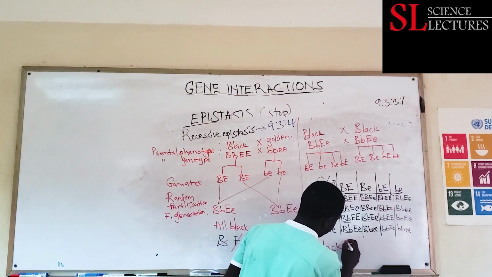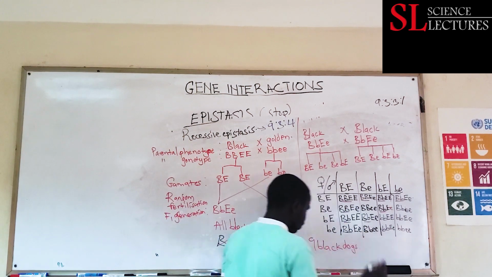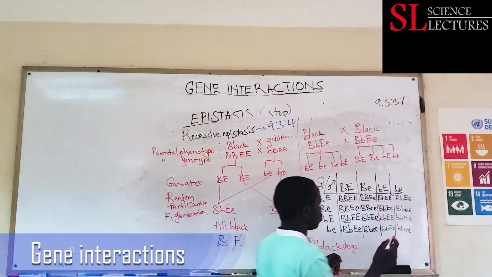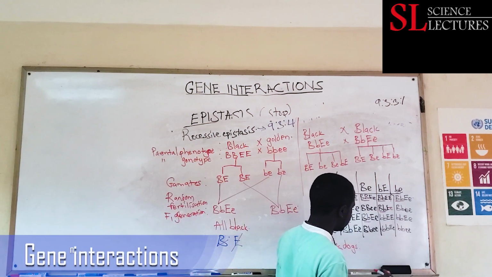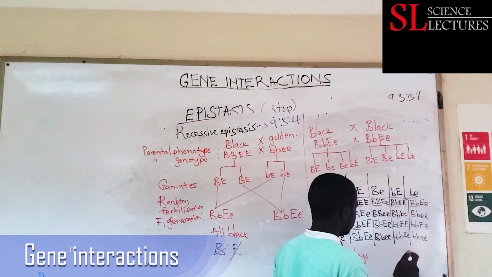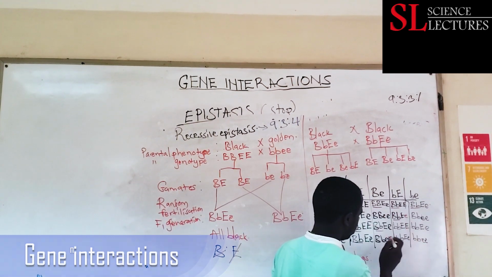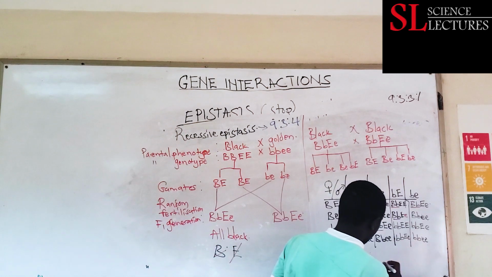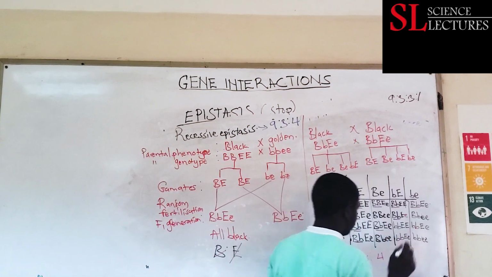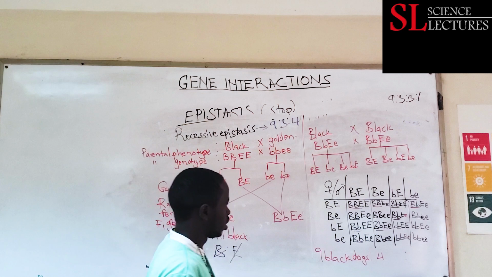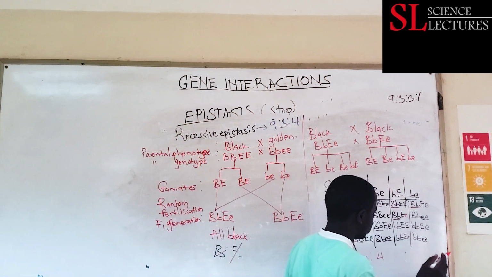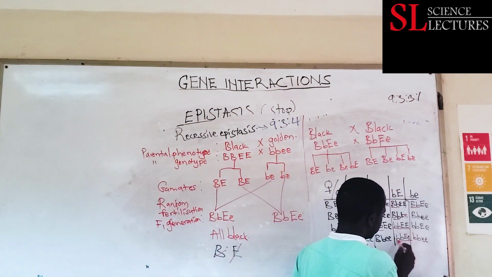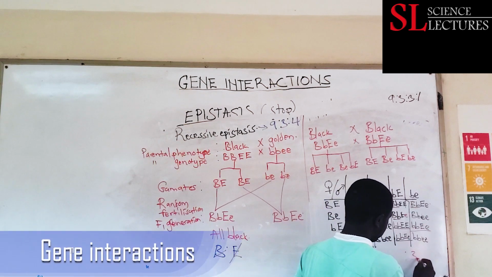Then I have a condition where this E is recessive. 1, 2, 3, and 4 have a genotype. Then I also have a condition where the B is recessive. This is 1, 2, and 3.